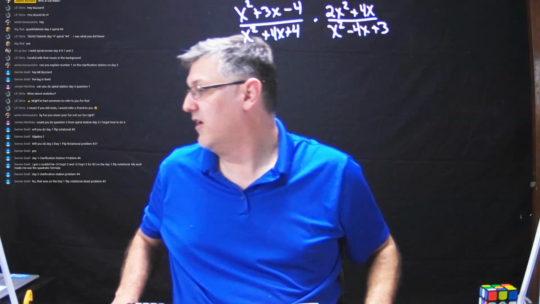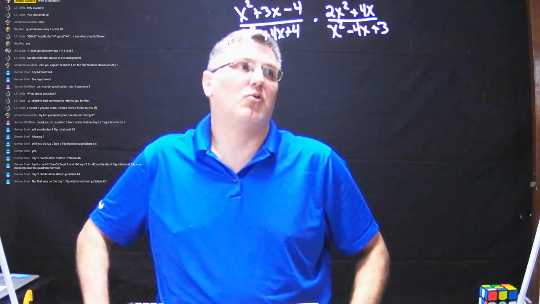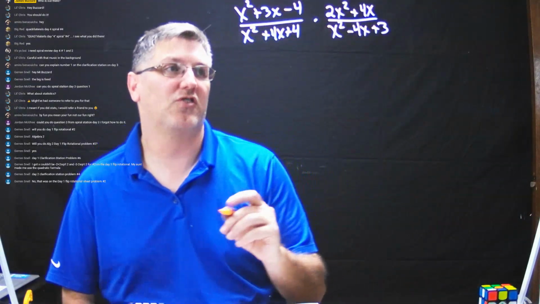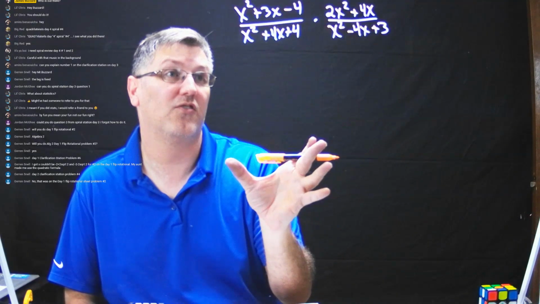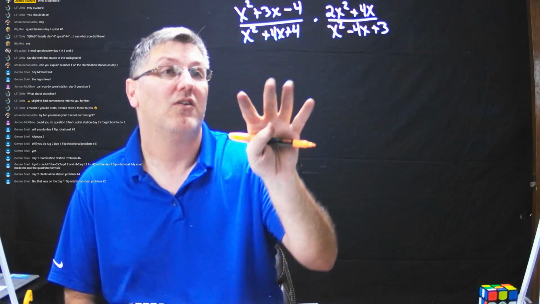All right, here we go. So same idea. I want you to multiply this rational function. Once you multiply it, we're also going to want the domain of your actual product.